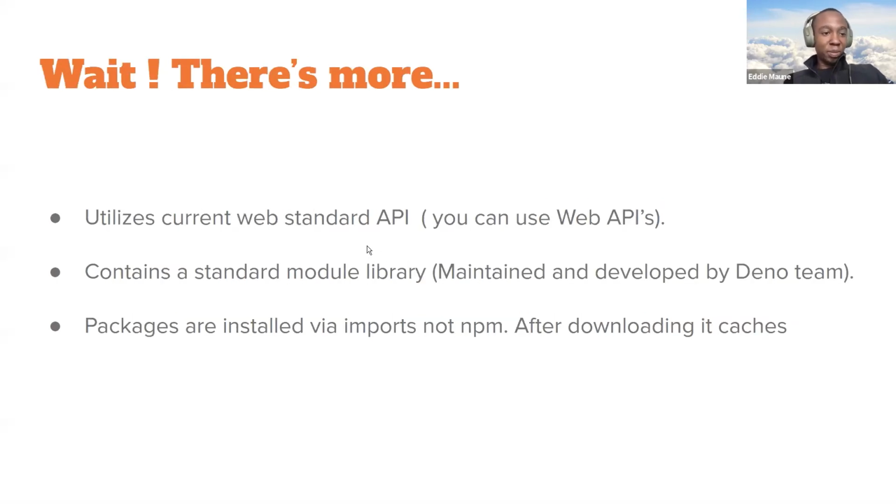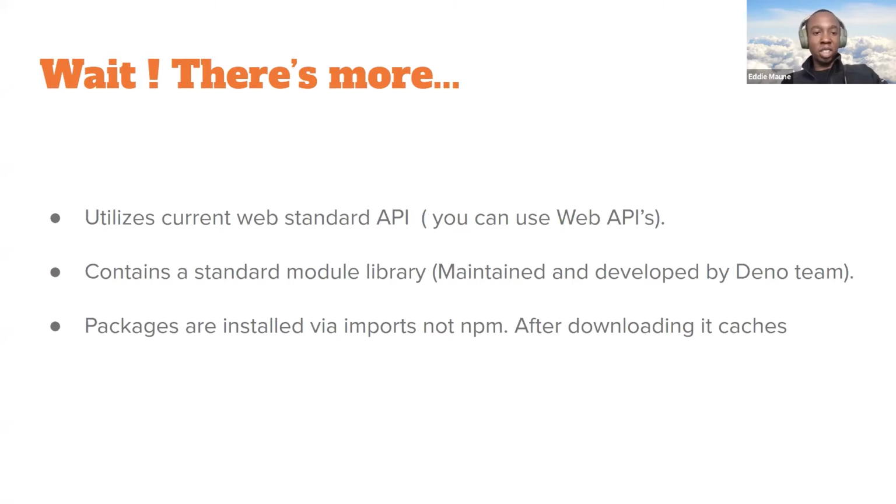Okay, wait, there's more. Deno also utilizes current web standard APIs, so you can use web APIs like fetch in Deno, which wasn't true with Node. Also, Deno contains a standard module library, which is maintained and developed by the Deno team.